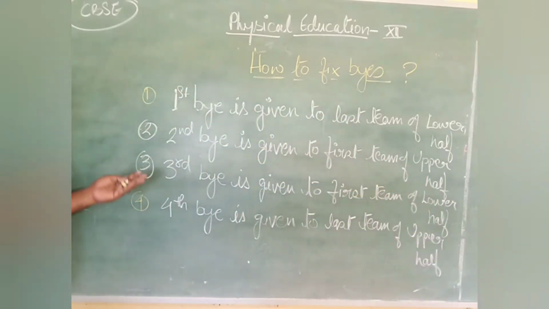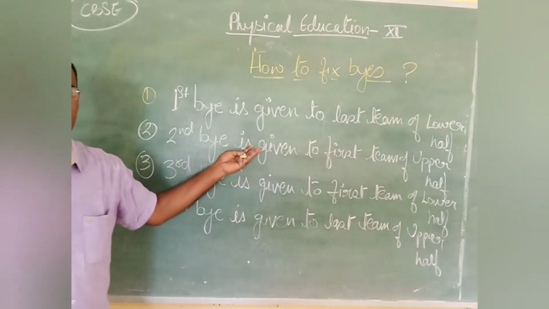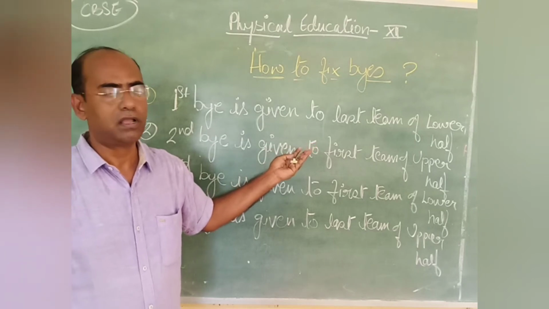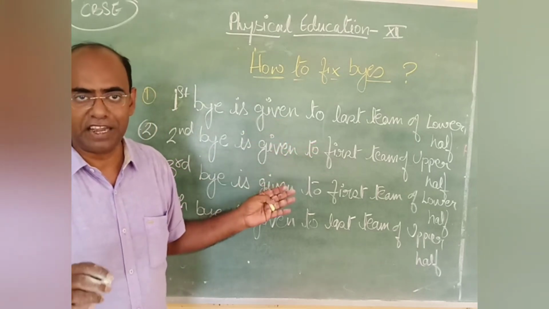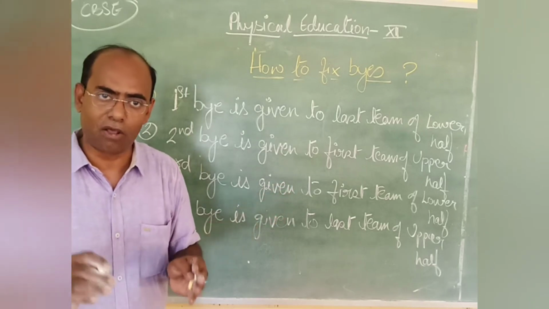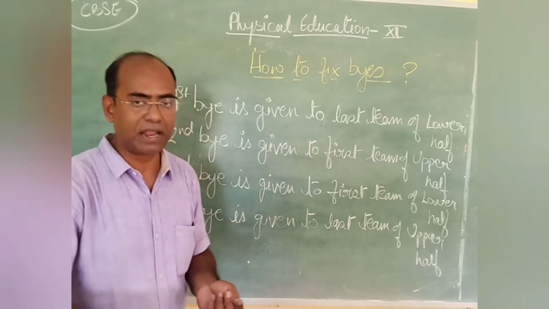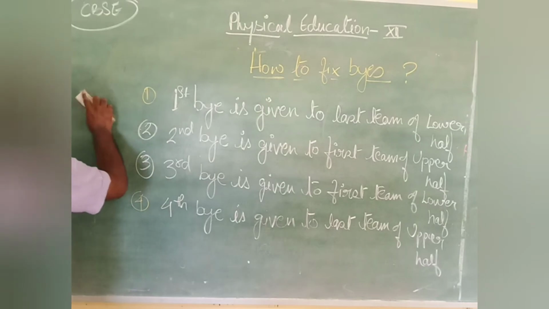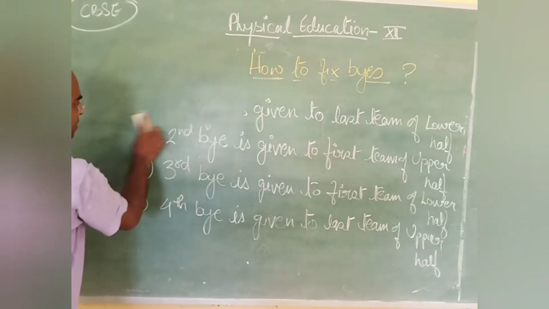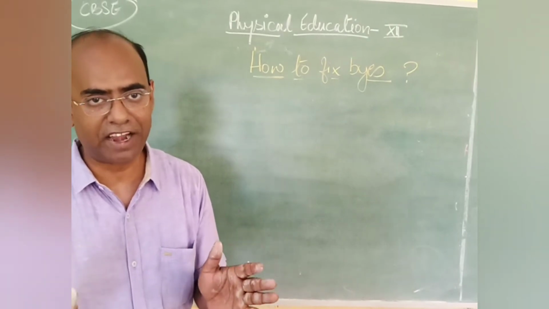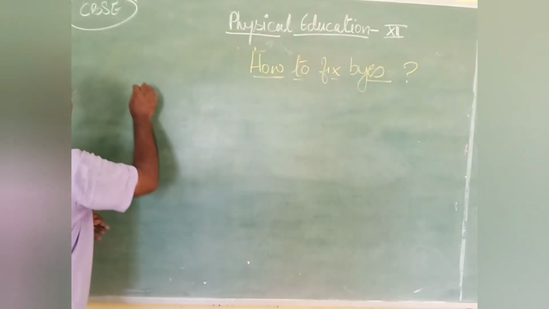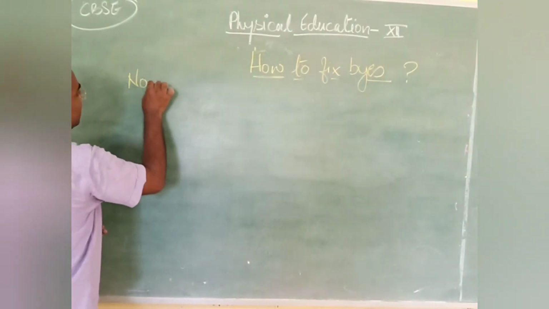I hope I am clear here how to place the buys and all. So we will now make the fixture for 11 teams. We'll place the buys and all. I think then it will be clear to all of you. Okay, now we will make fixture for 11 teams.